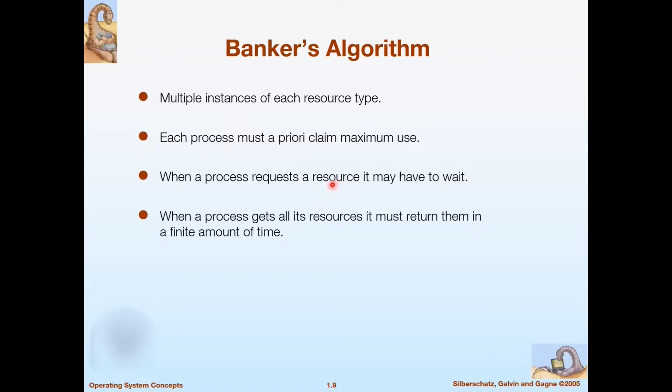If it is safe, then resources are allocated. Otherwise, the process must wait until some other processes release enough resources. So the system always does some background calculation, and based on the output, it decides whether a request for resources is immediately granted or not.